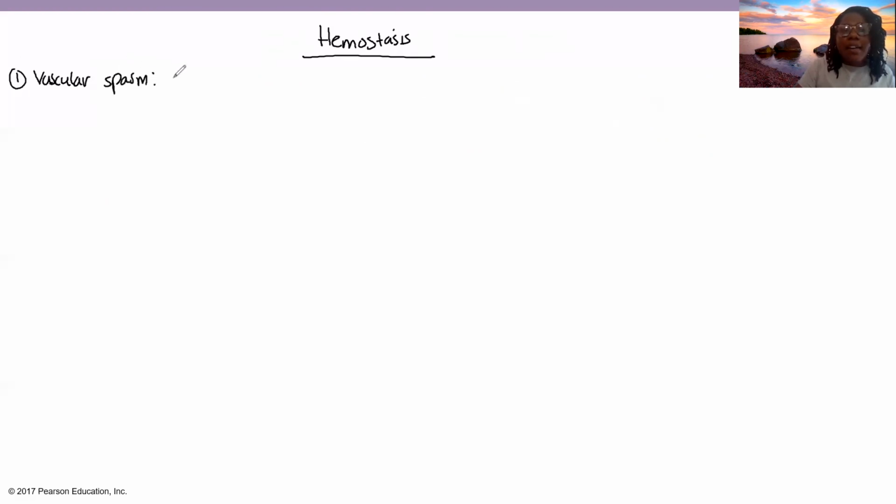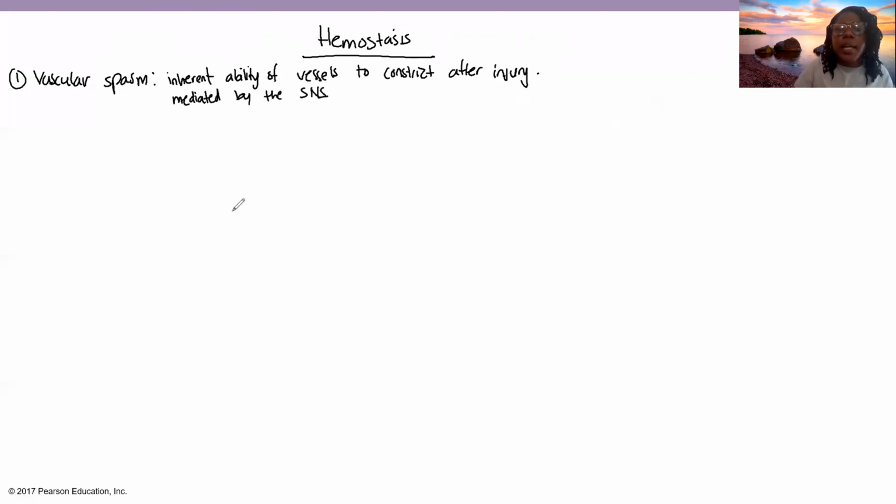This was basically the inherent ability of our vessels to constrict after injury. This was also mediated by the sympathetic nervous system. Basically, under the influence of the sympathetic nervous system, we can vasoconstrict right after an injury. That's going to decrease blood loss.